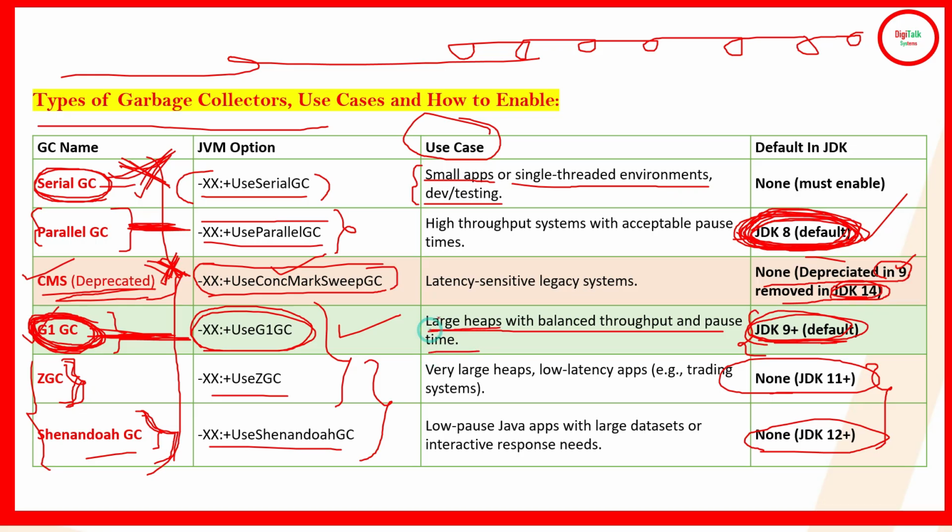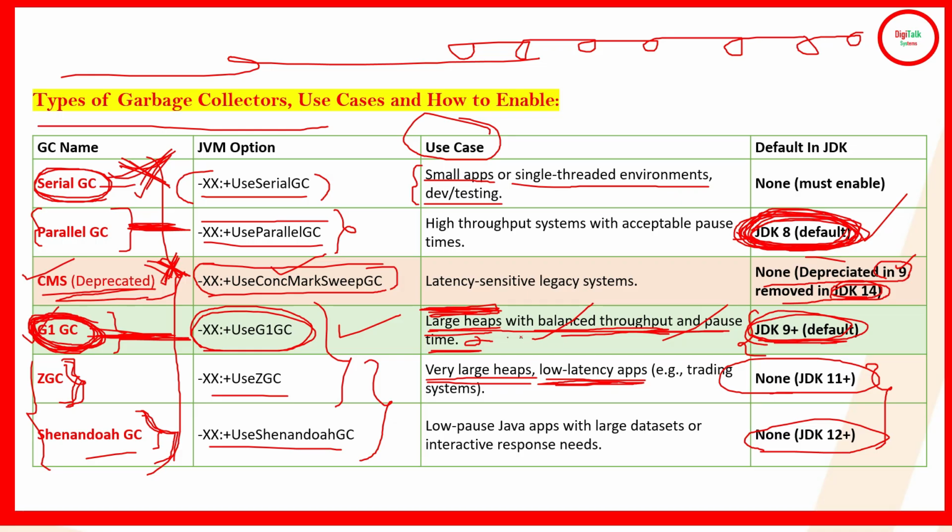That means if you have a very large heap, a very heavy application running under heavy load, you need balanced throughput and pause time. For this kind of requirement, you can go for G1 GC, which is the default one. And ZGC is again for very large heaps and low latency applications. So you have a large heap, but the latency requirement is very low.